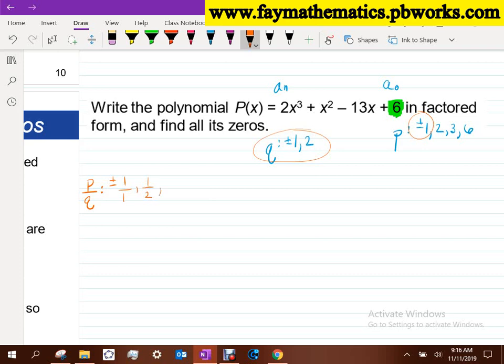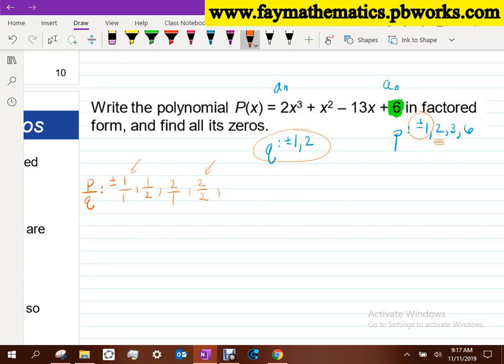Then do the same thing for the next P value. So 2 over Q of 1 and 2 over Q of 2. Okay? Because 2 and 6 had a common factor, that's going to get us some repeats, right? Isn't 1 over 1 the same thing as 2 over 2?